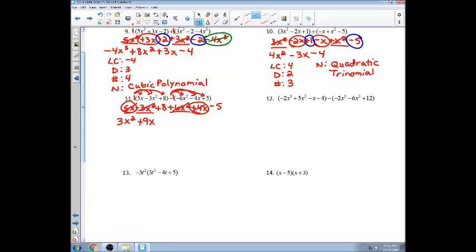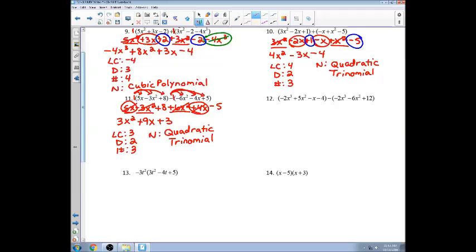Then I have 8 minus 5, which would get me positive 3. So the leading coefficient then would be 3. The degree would be 2. The number of terms would be 3. And the name would be a quadratic trinomial.